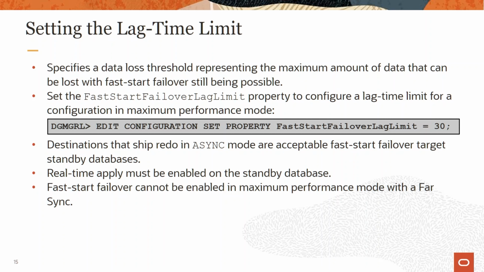So we can set it so that only when apply lag is less than your target do you want to initiate fast start failover. That's what you can set here. We can use edit configuration set property fast start failover lag limit equals 30 seconds. Real-time apply must be enabled on the standby database. And fast start failover cannot be enabled in maximum performance mode with a far sync.